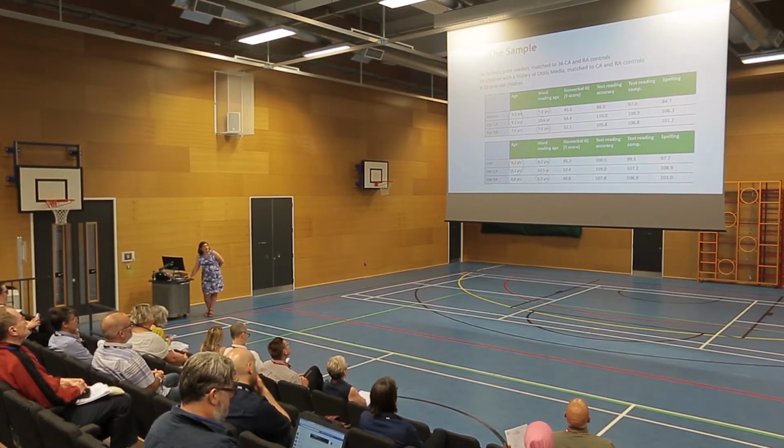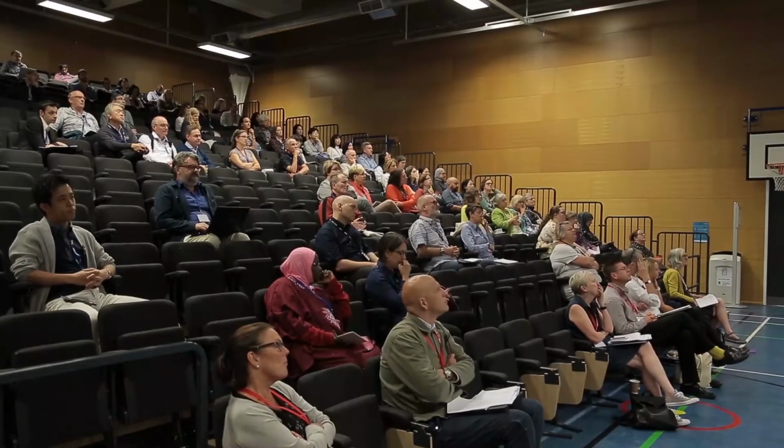So the reading age match controls are not very much younger. The other thing that you can see from this chart, if you're interested, is that the dyslexic poor readers had poor spelling. So this is a standard score of 84, where 100 is average, whereas the children with otitis media were very close to average.